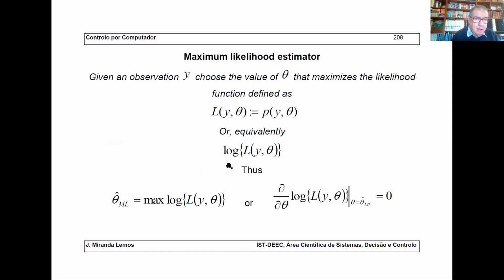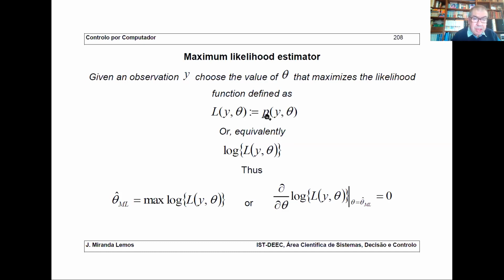And the maximum likelihood estimator works like this. You define a function, which is the likelihood function, which is nothing more than the probability density function of y and theta. Okay, and you do an observation for y. This becomes a function of theta, and you find the value of theta that maximizes this probability density function. So we call this function the likelihood. That is why this is the maximum likelihood estimator.